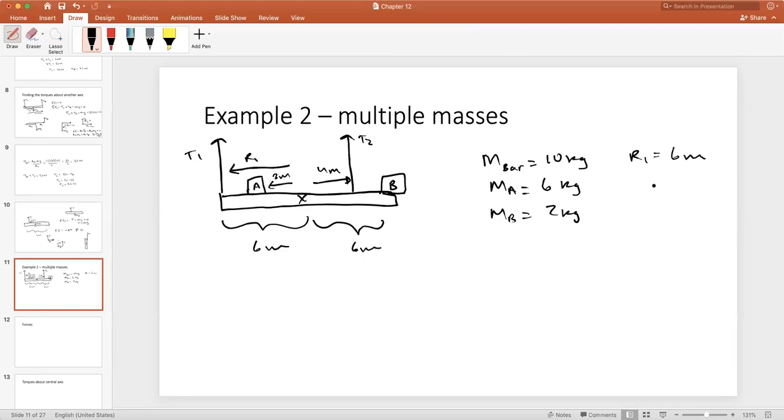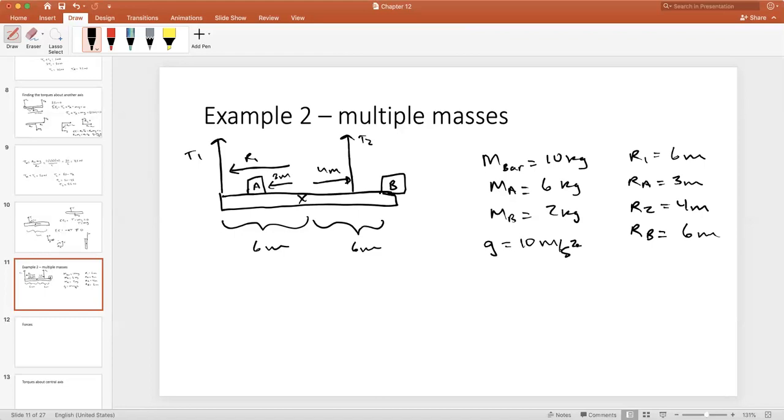This is going to be my RA, and that'll be 3 meters. My R2 is my distance from the center to wire number 2, and that is 4 meters. And finally, my distance to mass B is also 6 meters. Okay. And again, I'm going to consider g to be 10 meters per second squared in this problem.